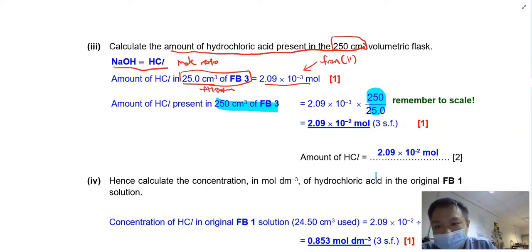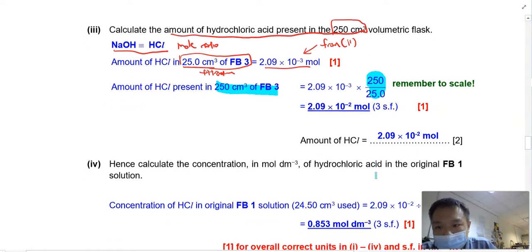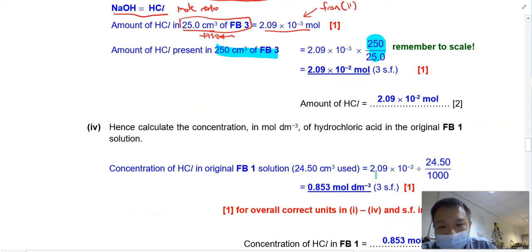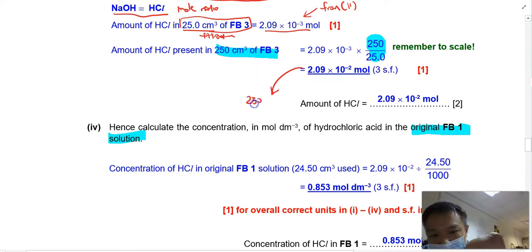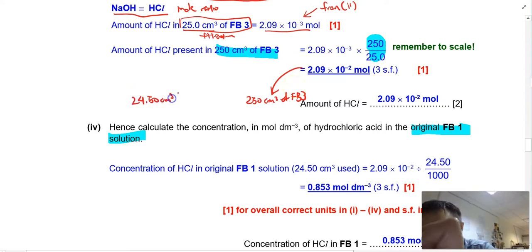Okay, that's part 3. And in part 4, the last part, you're supposed to calculate the concentration of the original FB1 solution. So this is the number of moles in 250 cm3 of FB3. Recall, in the context of my titration, I used 24.50 cm3 of FB1 and I diluted it to 250 cm3 of FB3.